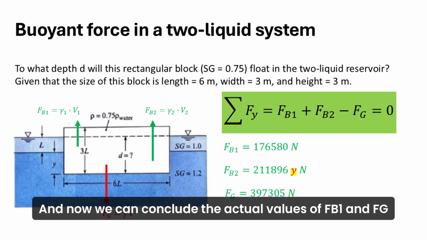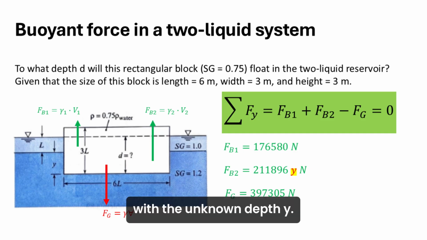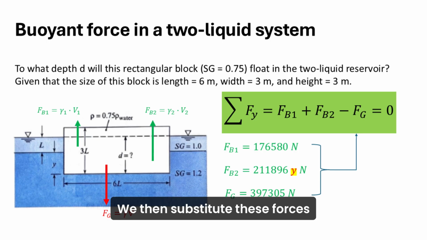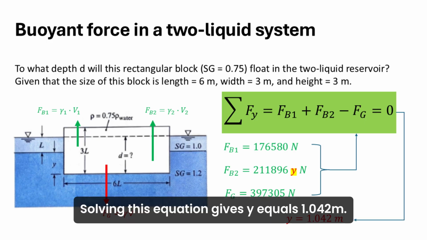And now we can conclude the actual values of Fb1 and Fg, while showing Fb2 with the unknown depth y. We then substitute these forces into the equilibrium equation in the vertical direction. Solving this equation gives y equals 1.042 meters.